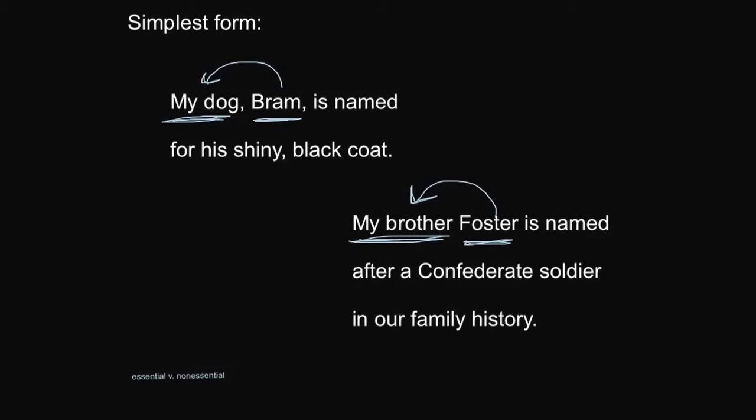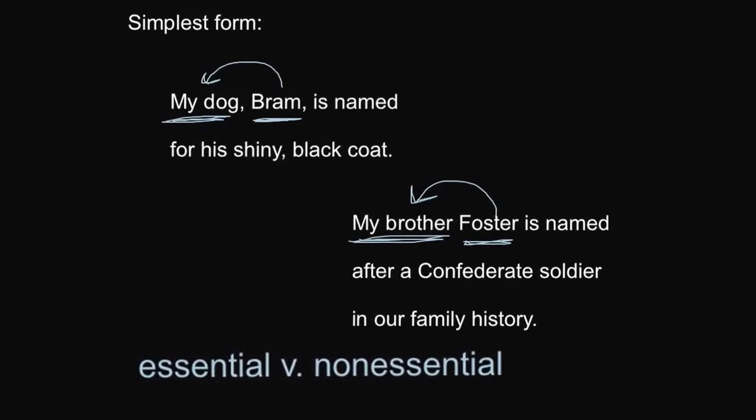I also want to point out something else. You'll remember studying the difference between essential and non-essential clauses last year, right? So essential means that you need it. It's necessary. I have two brothers.